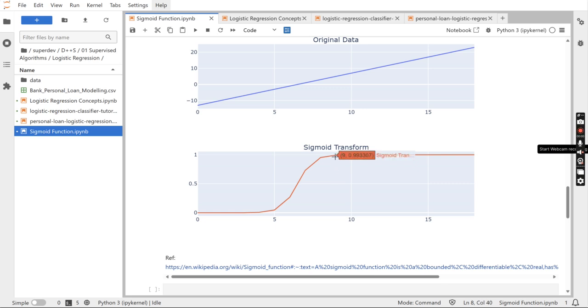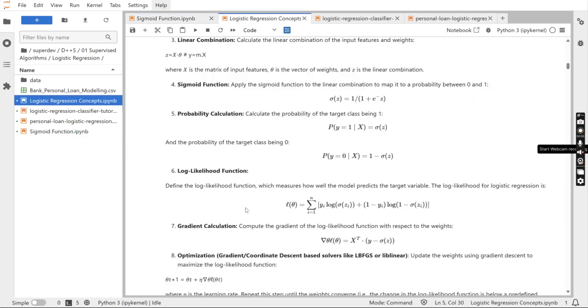Notice at 9 you are seeing the probability as 0.993307. At 8 you are seeing the probability as 0.9525741, etc. So this way you will get the probabilities, and on those probabilities you will set a threshold. Any value above this probability will determine a value belonging to one class, and the others belong to another class.